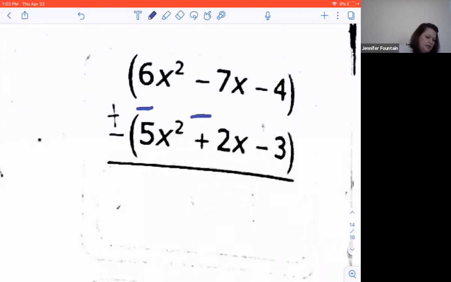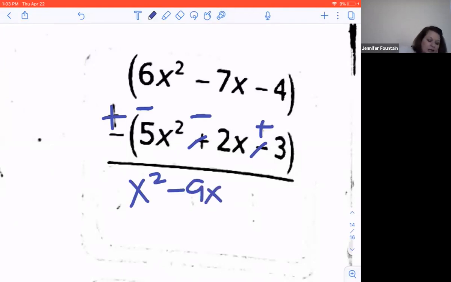Whoops. Make a negative on that one, changes to a positive. So I can go ahead and mark those out. So now I have 6x squared plus a negative 5x squared. So that will be a positive x squared. Negative 7x plus a negative 2x is negative 9x. Negative 4 plus a positive 3 is negative 1.